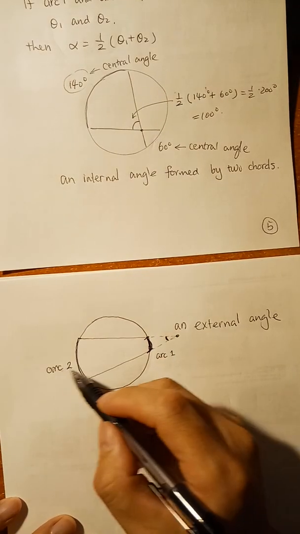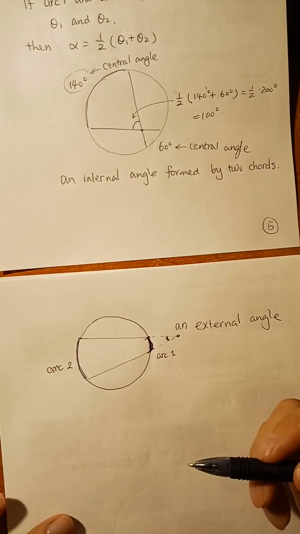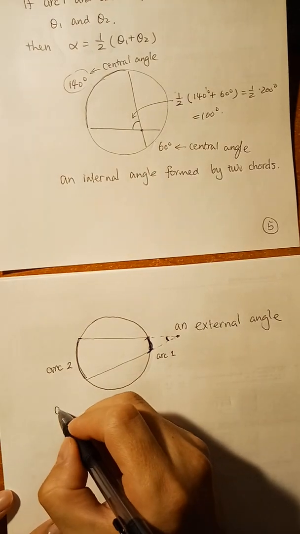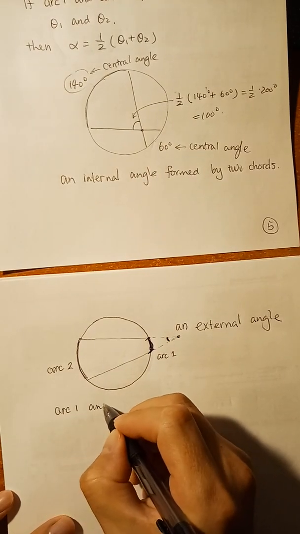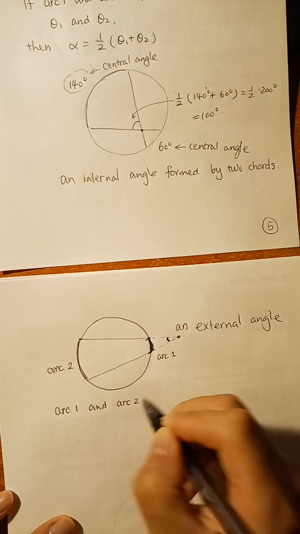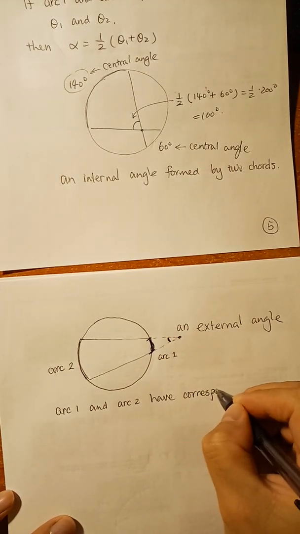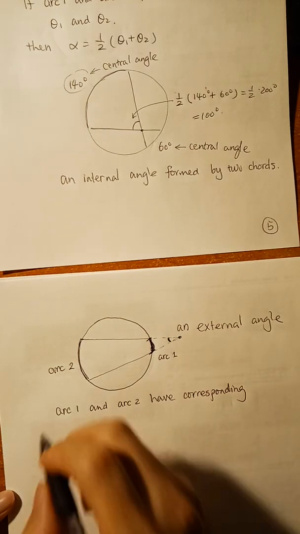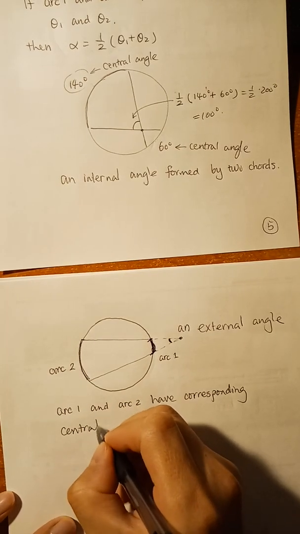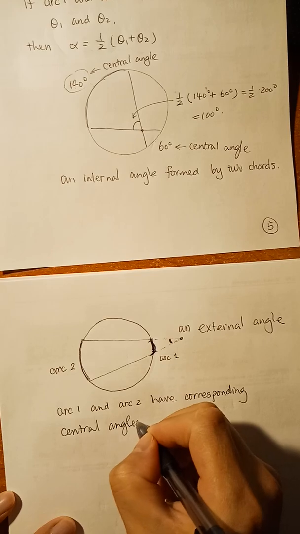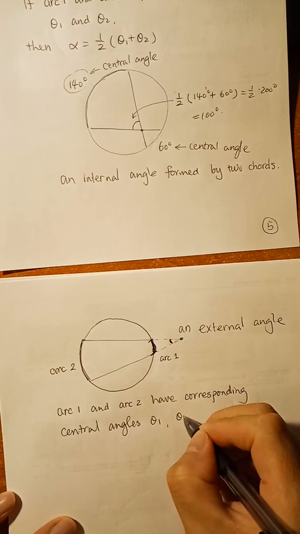Now, arc 1 and arc 2 both have the corresponding central angles, theta 1 and theta 2.